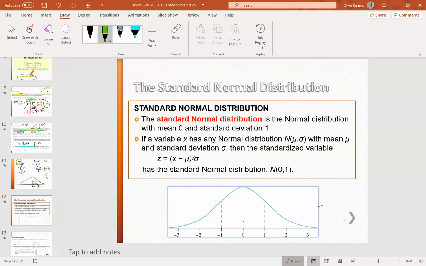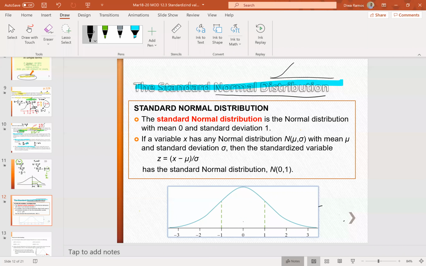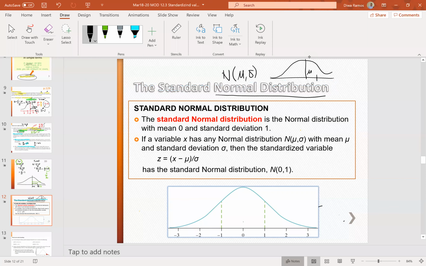So let's formalize it. What is a standard normal distribution? At the end of the day, we want to talk about the standard normal distribution. It's a normal distribution with the center of mu and a standard deviation of sigma, and we used to write it as N(mu, sigma) last time. The main difference is for it to be considered a standard normal distribution, it should have a mean of 0 here.